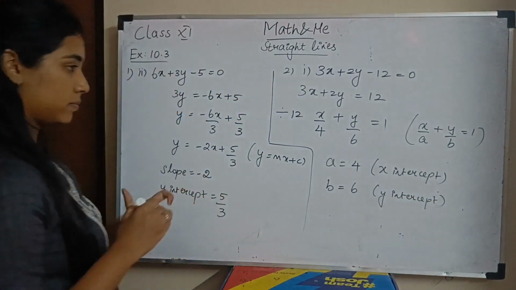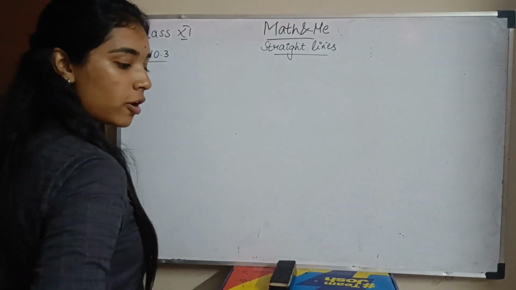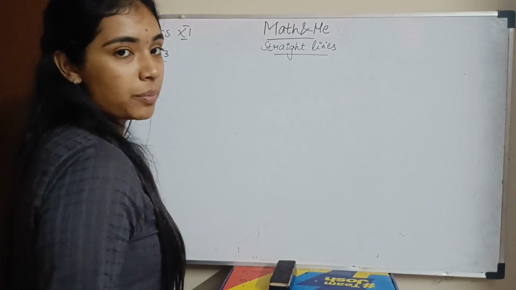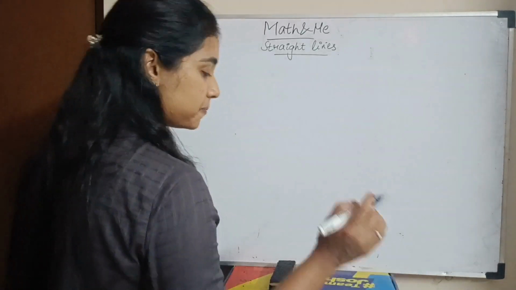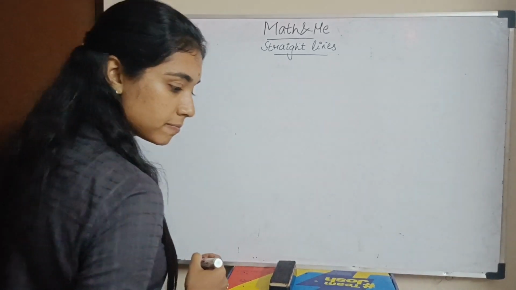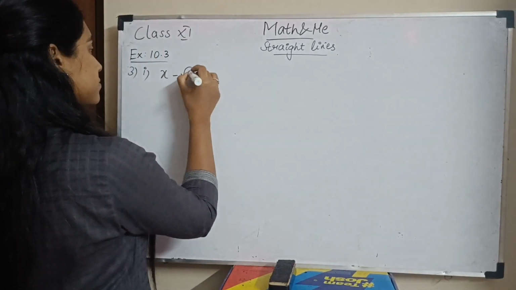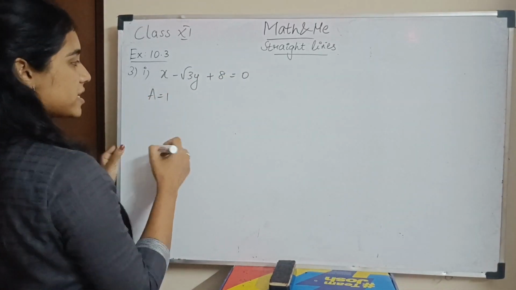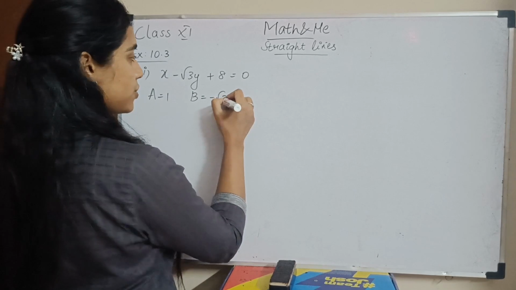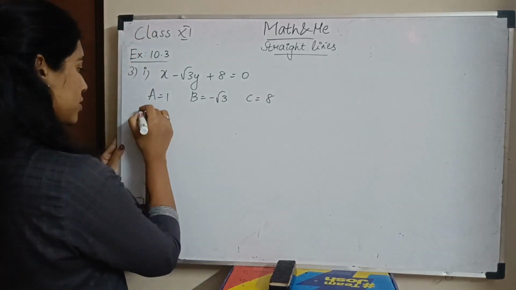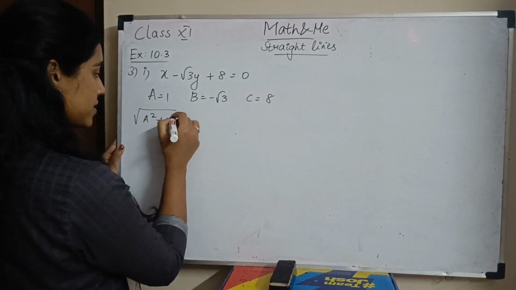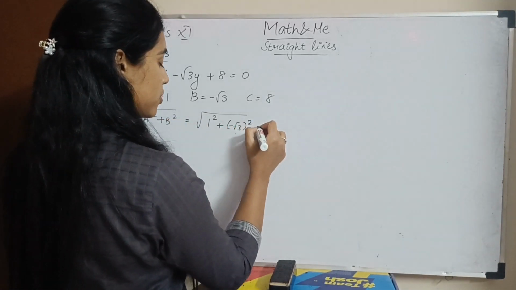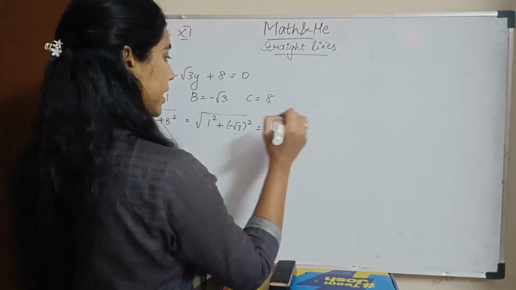Okay? Reduce the following equation into normal form. Find the perpendicular distance from the origin and the angle of the perpendicular. You need to find p and omega. So a is 1, b is minus root 3, c is 8. Root of a square plus b square is root of 1 square plus minus root 3 the whole square, which is root 4, which is 2.